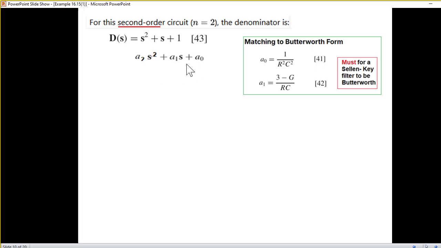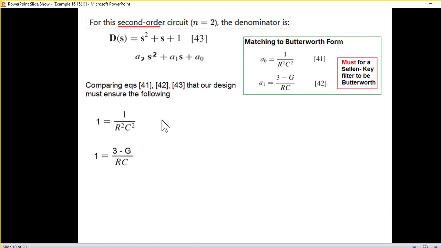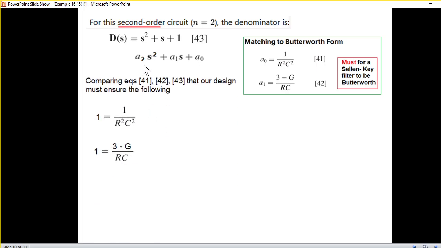This is the general equation. Then from here, we can find that A2 we don't need. What we need is A1 and A0. So A1 is 1 from here, and A0 is 1 from here. So in the first case we put 1 for A0, and in the second case we put 1 for A1.